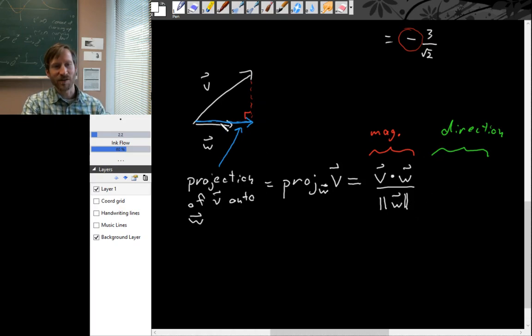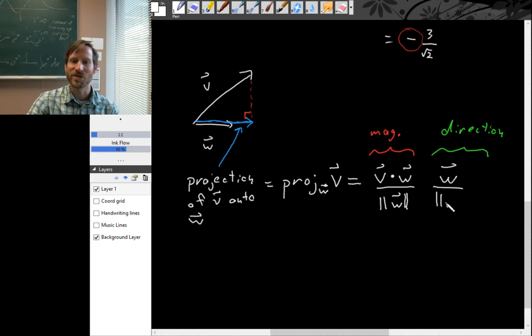And the direction of the blue arrow, since we're flattening v onto the direction of w, has to point in the direction of w. Remember, by direction we mean a unit vector, and to get a unit vector in the direction of w, you just take w and divide it by its own magnitude. And so as a result, proj wv is v dot w over the magnitude of w squared times the vector w.